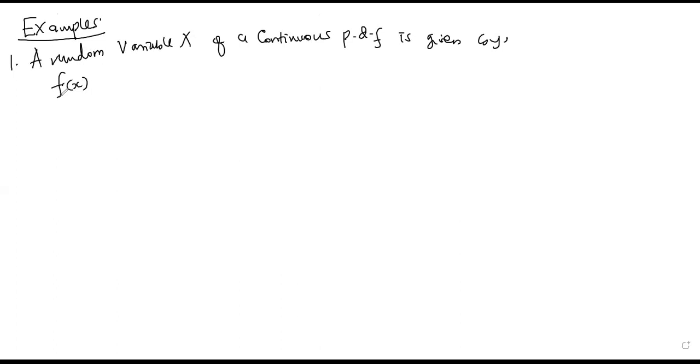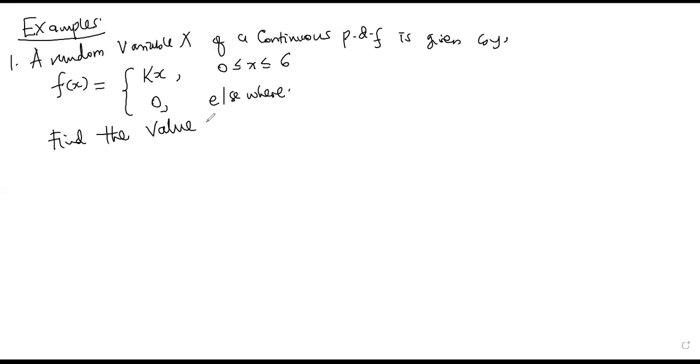You need to always note we have a difference between small f and capital F, but we shall come to that. So f of x is equal to kx for 0 less or equal to x less or equal to 6, then 0 elsewhere. Find the value of k. Remember, k is a constant.